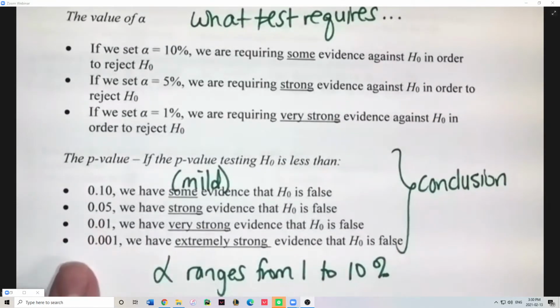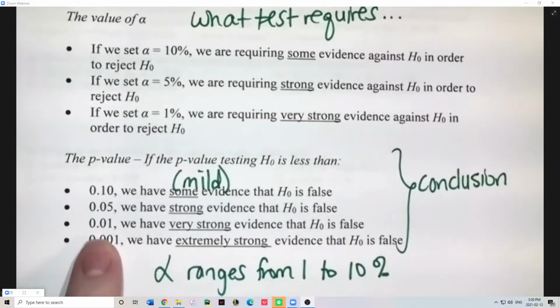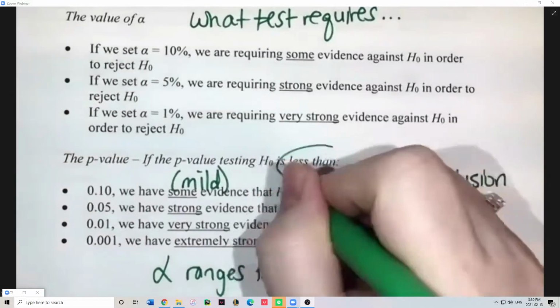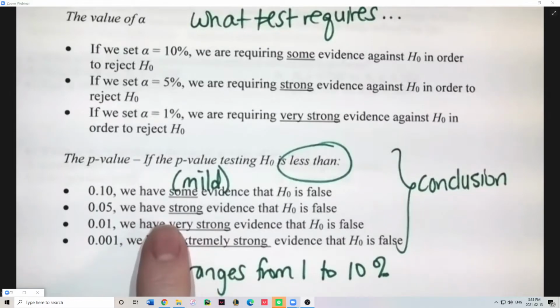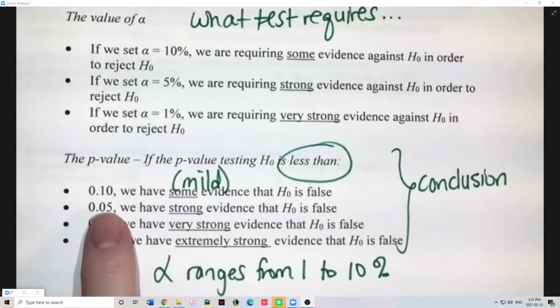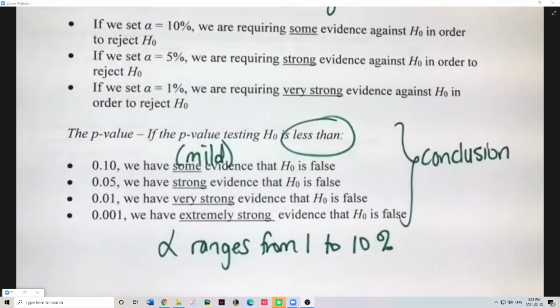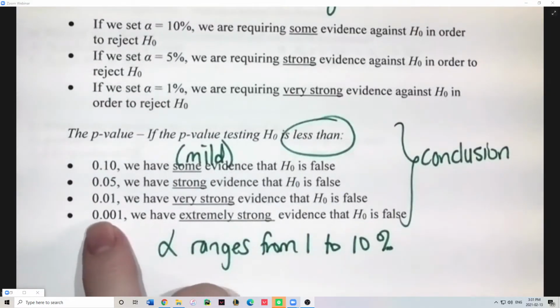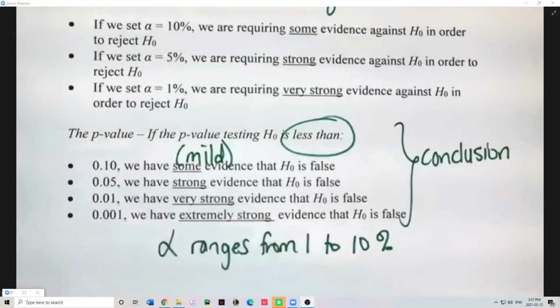So if your p-value is less than 0.001, you have extremely strong evidence against H naught. If your p-value is less than 0.01, so these are all less than, then you have very strong evidence. P-value less than 0.05, then you have strong evidence, and p-value less than 0.1, you have some mild evidence. You can do these as ranges, so sometimes they write them as a range between 0.001 and 0.01, between 0.01 and 0.05, etc.